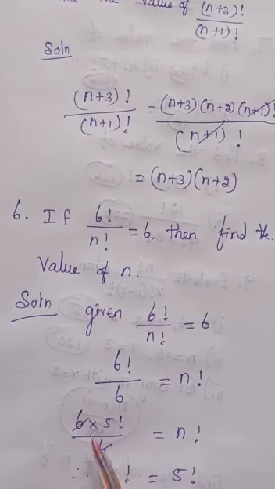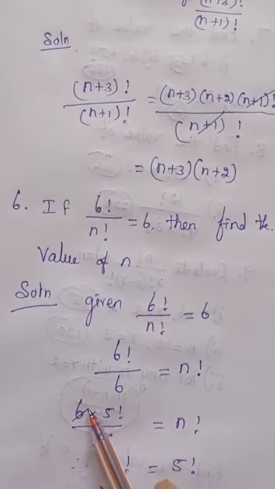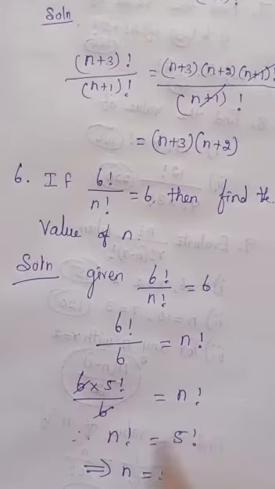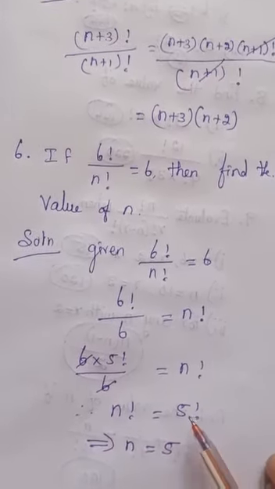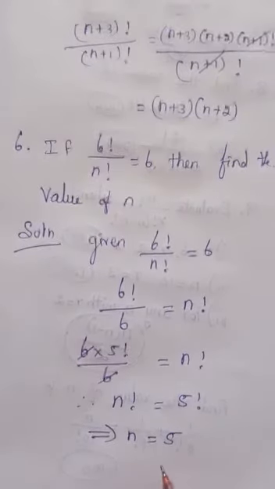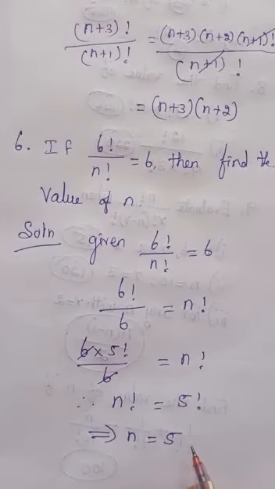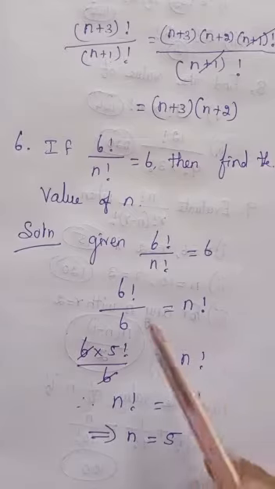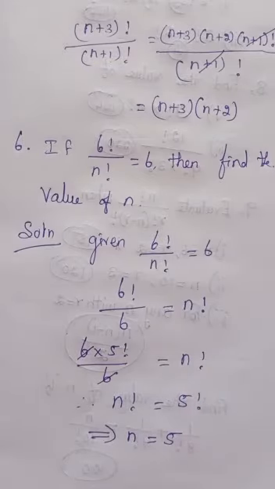See, 6 and 6 will get cancelled. So we will get n factorial is equal to 5 factorial. So directly we can write the answer n is equal to 5. So did you all understand this?